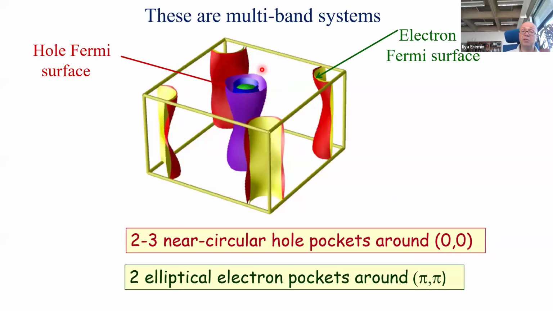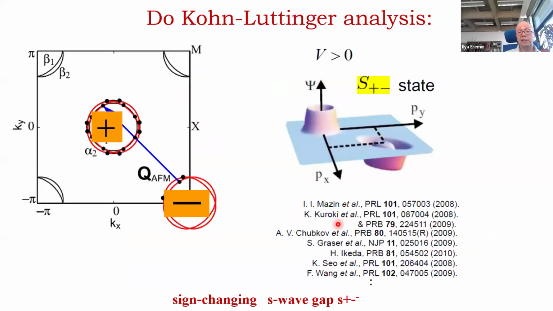And then you look at the Fermi surface, well, these are your hole and electron pockets. And you do exactly the same game. So the first thing you do is the Kohn-Luttinger analysis, and immediately you realize that the picture is in fact very simple. You look at the Fermi surface, you know where the largest repulsion comes from, and then you just need to set up the order parameter such that it changes sign across the largest repulsive interactions.